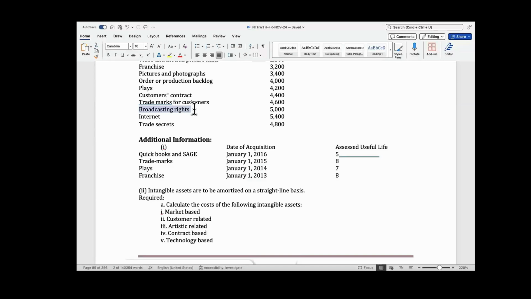Broadcasting rights will go under contract, or we can use market. What about internet? Technology based. How about trade secrets? Market, but confusing. Even I would put trade secrets in technology. And internet, most people will put in technology, but it can also be market.